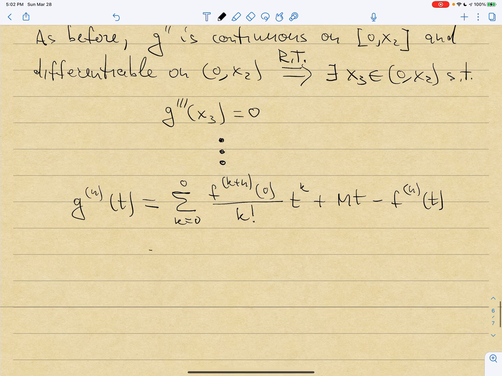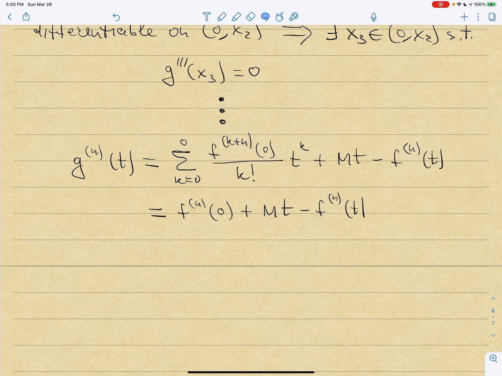And this is nothing but, when I evaluate this expression at k equal to 0, and that's the only k that is allowed here, I'm going to get f^(n)(0) plus mt minus f^(n)(t), right?